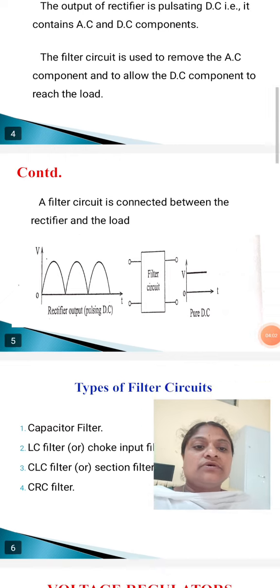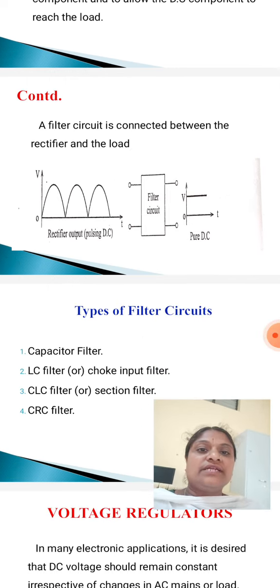So observe this circuit. A filter circuit is connected between the rectifier and the load. The pulsating DC output of the rectifier is applied to the input of the filter circuit. What is the purpose of the filter circuit? It removes the AC component and allows the pure DC component.